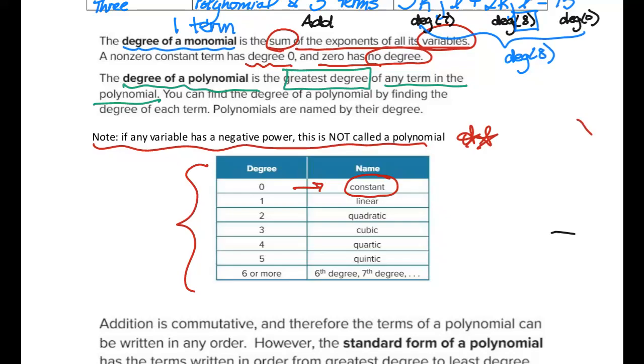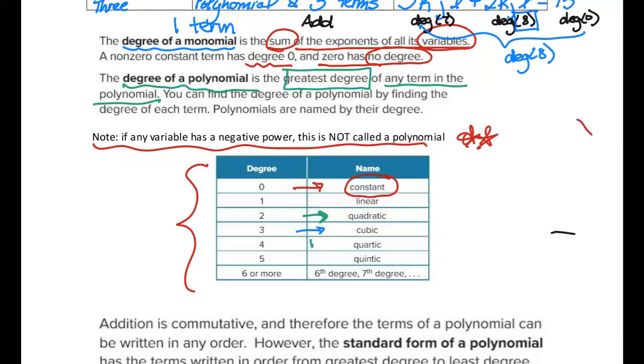If you have a degree of 1, that means it is a linear degree. We don't say degree 1, we say it is a linear whatever it is. Degree of 2, that's quadratic. We will get into quadratics a whole lot more during second semester. That's your x squareds. Cubic is 3. You probably have heard that before, especially when you've talked about volume. And 4 is quartic.